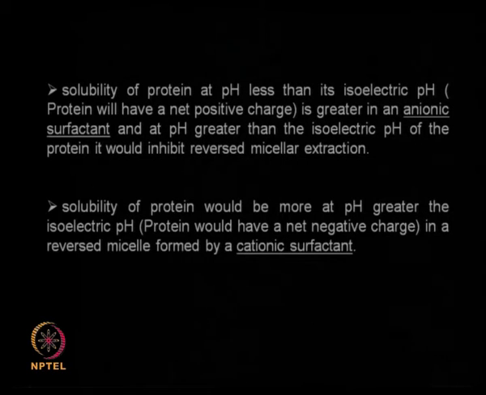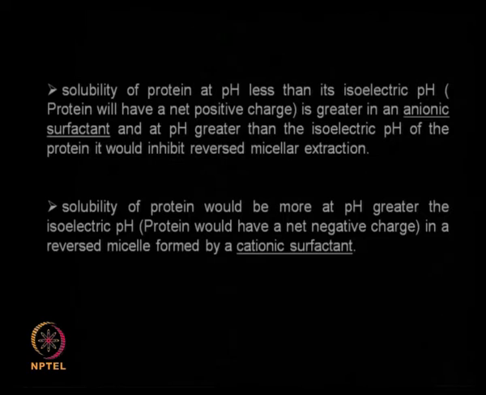and if you are operating at a pH less than the isoelectric point of the protein, the solubility of the protein at pH less than the isoelectric pH is greater in an anionic surfactant, and at pH greater than the isoelectric pH of the protein, it would inhibit reverse micelle extraction.